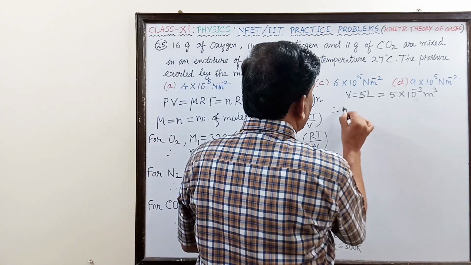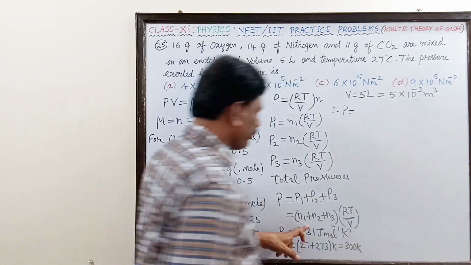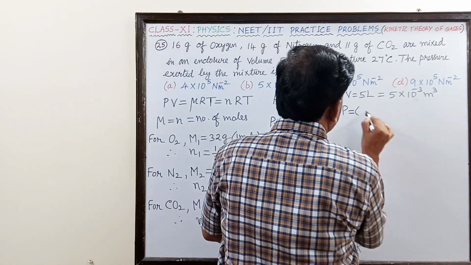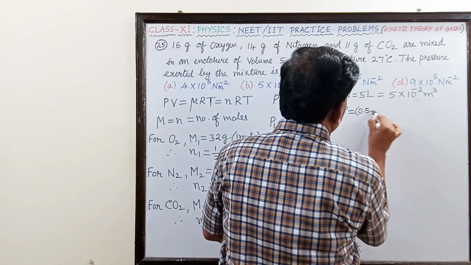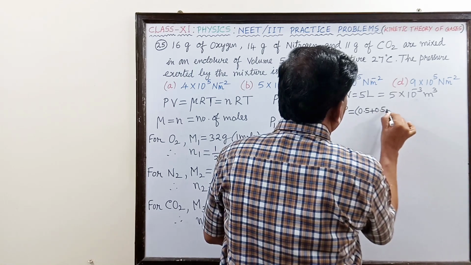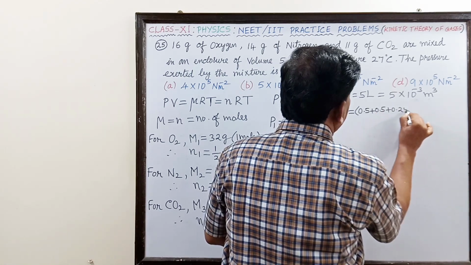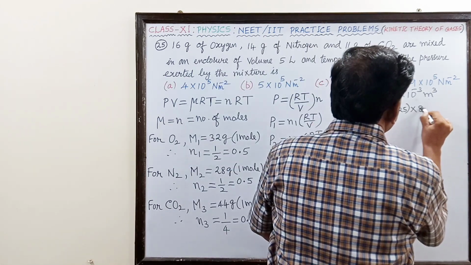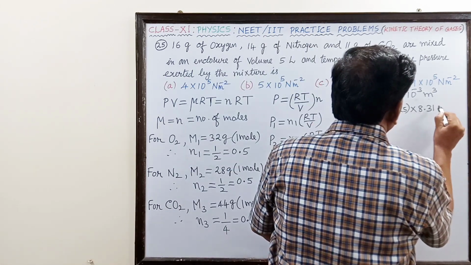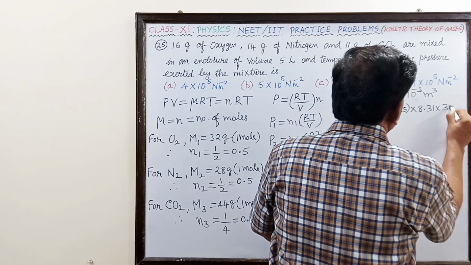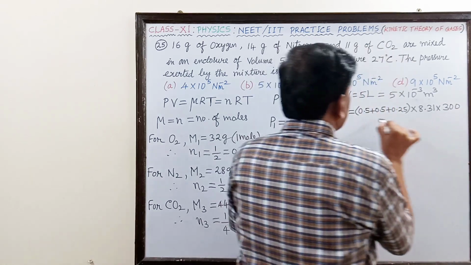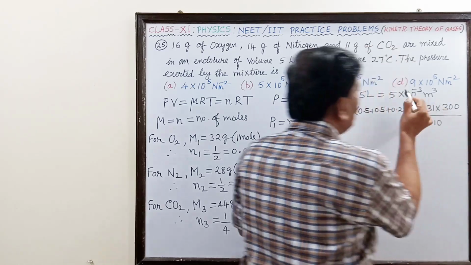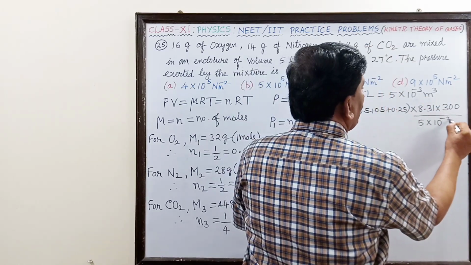Therefore, the total pressure must be equal to N1 plus N2 plus N3, so the number of moles, 0.5 plus 0.5 plus 0.25 into RT by V. So this is 8.31 into 300 divided by volume, 5 into 10 power minus 3.